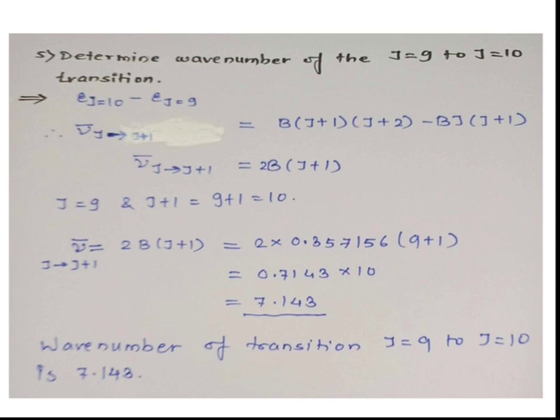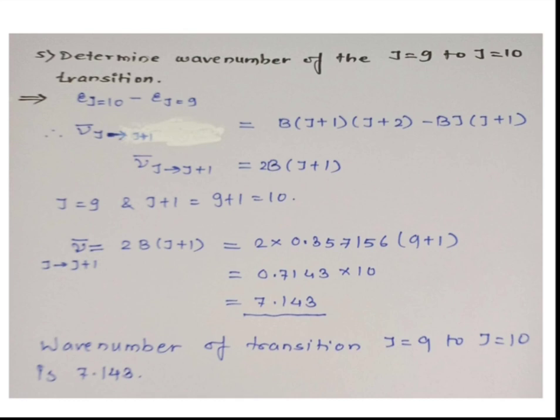So E_J=10 minus E_J=9, and the same way we can take a difference of wave number. So the transition occurs from J to J + 1 and we have to find the wave number value, where ν̄ is the wave number. Here J is 9 and J + 1 is 10.